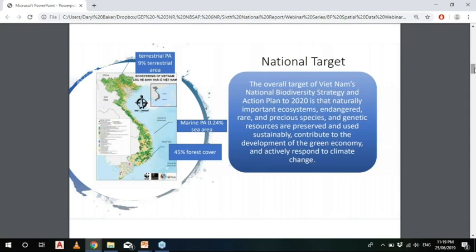These are long action plans and targets, but in a nutshell, the country aims to increase the terrestrial protected areas to 9%, marine protected areas to 0.4%, and also increase the forest cover to 45%. These are the highlights of the national targets that the government aims to achieve by 2030.